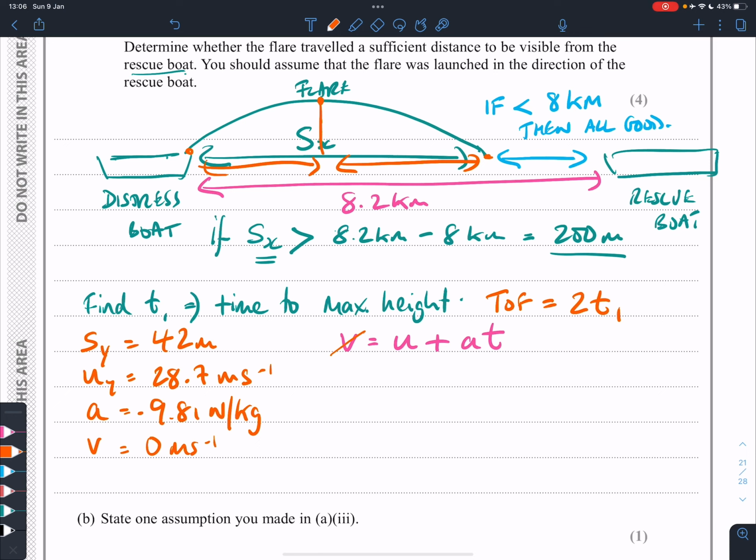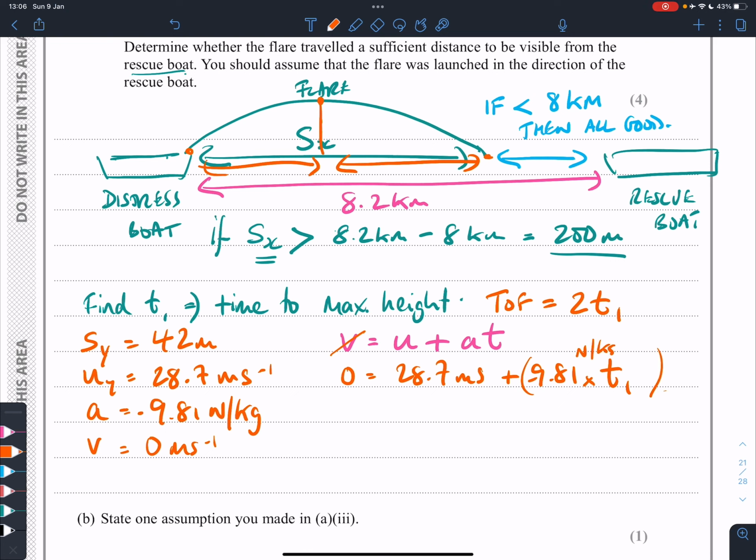So 0 equals 28.7 meters per second plus 9.81, well, negative, so it's going to be minus, times the time t1, and I'm going to put that in as minus 9.81 newtons per kilogram.